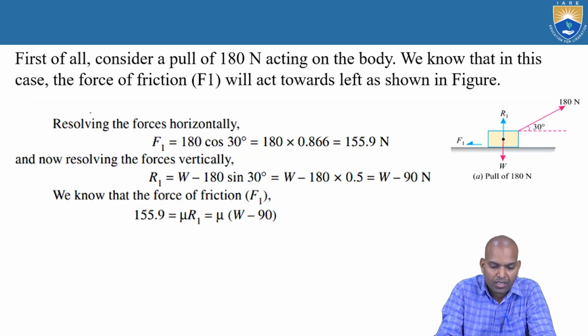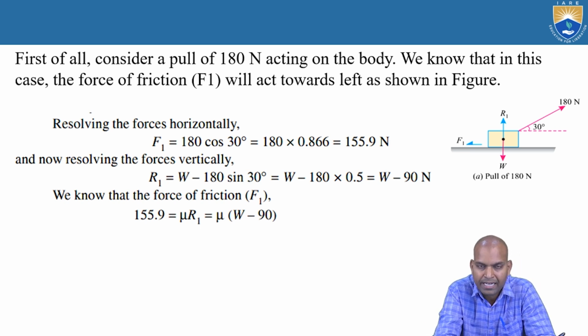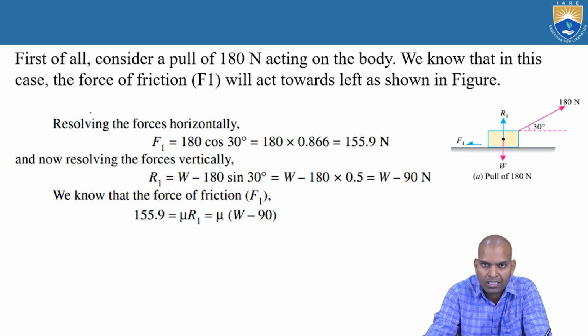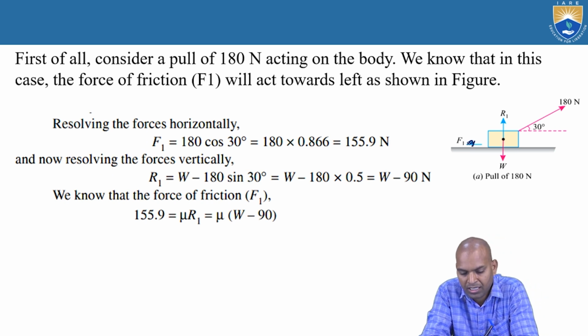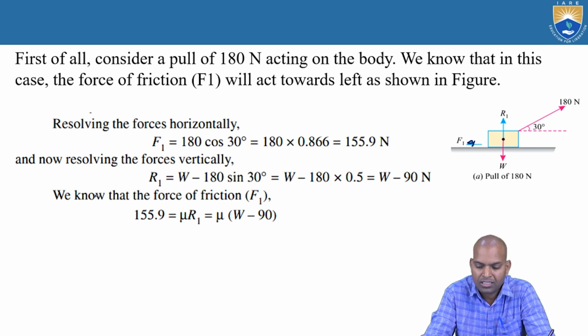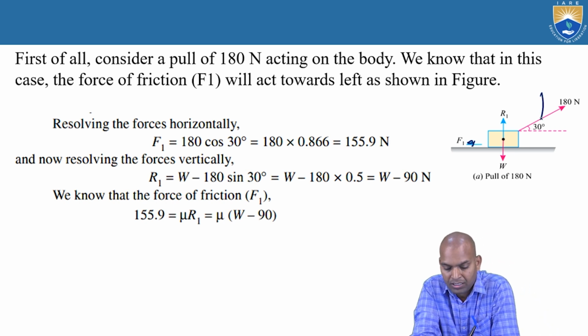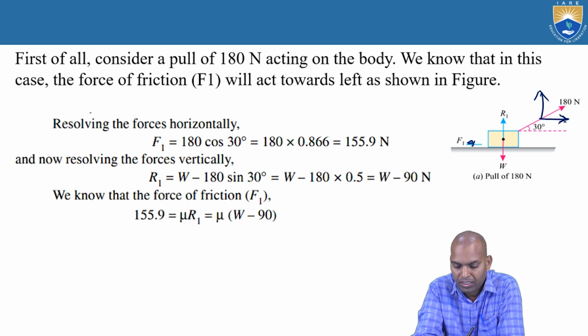First of all, consider a pull of 180 newtons acting on the body. In this case, the force of friction will act towards the left. Now resolve 180 into horizontal and vertical components, 180 cos 30 and 180 sin 30.